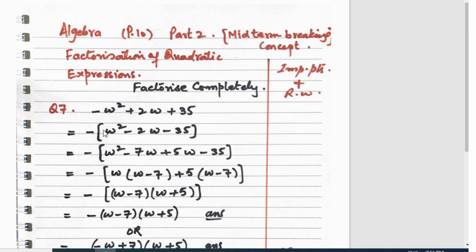Minus w square will become plus w square, this plus will become minus, and this plus will become minus, and so on. We will get these terms after taking this minus common.